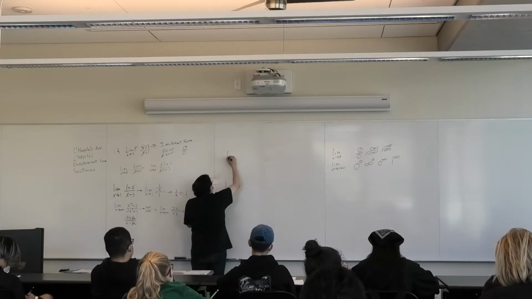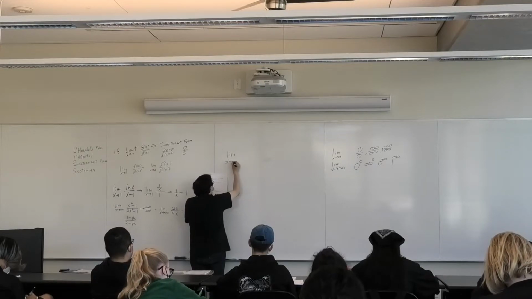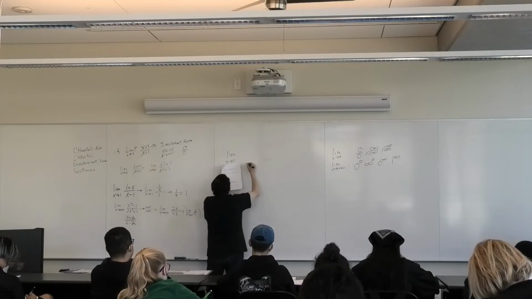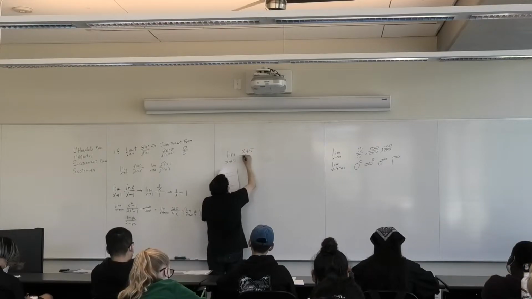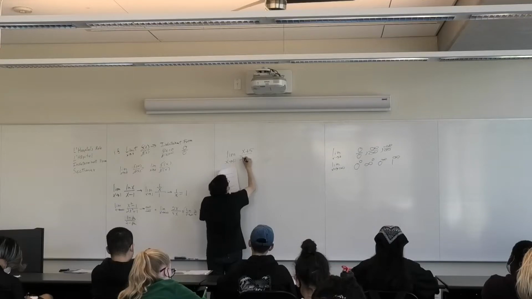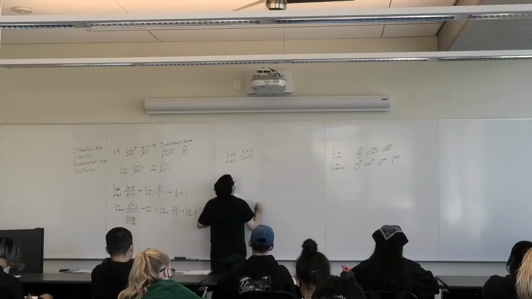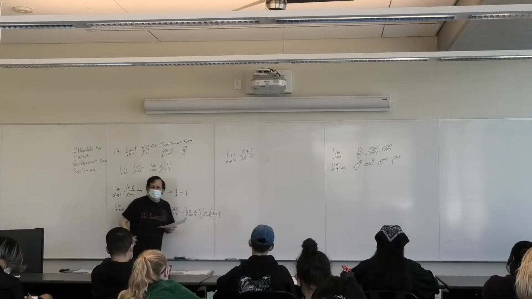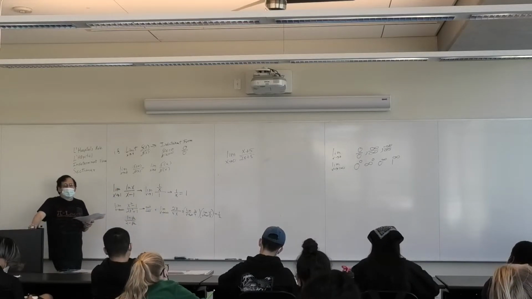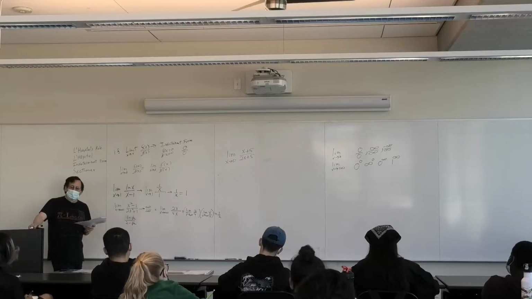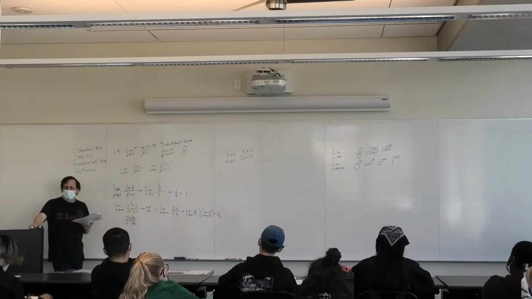Here is an example of something. Limit as x goes to 0 of x plus 5 over 2x plus 5. This is not an example of when to use L'Hopital's rule.